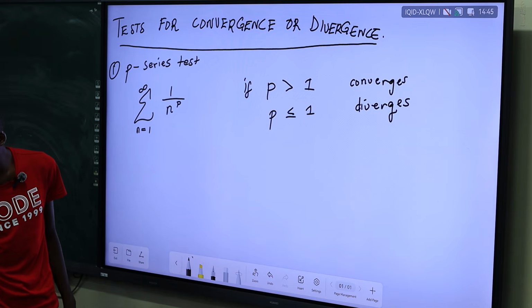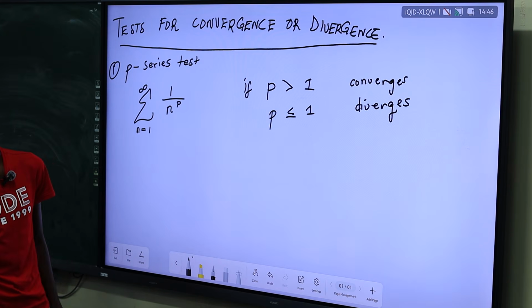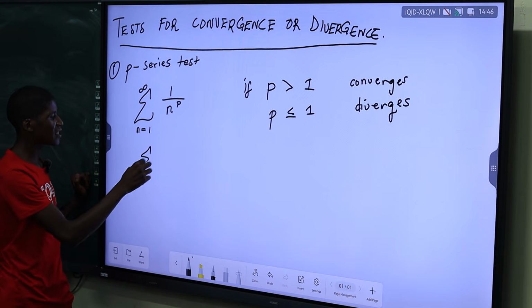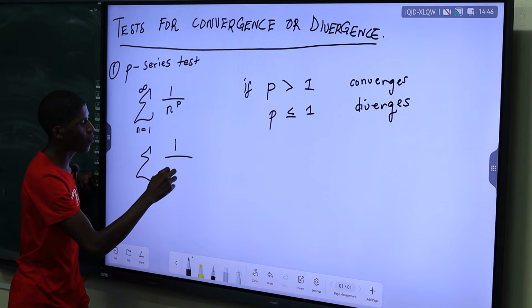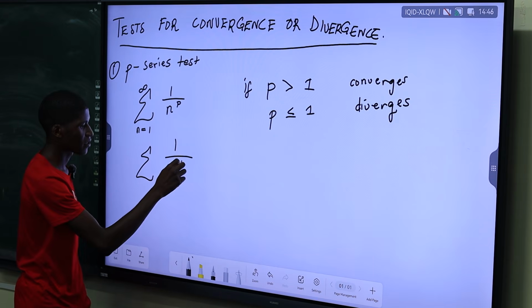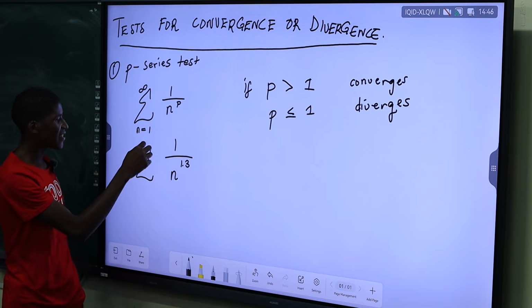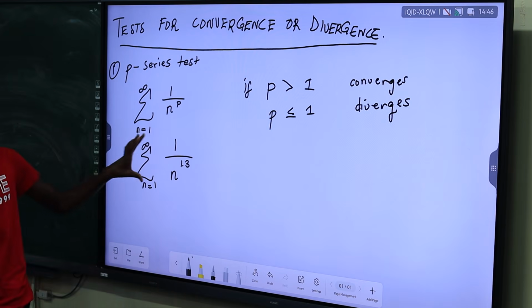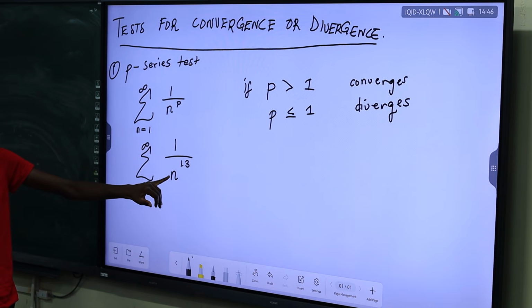Okay, let me try to find examples, but the p series is as simple as it says. If we have the series given by 1 over n to the power of 1.3, and they say this is the infinite series from n equals 1, we can all see that this is a p series, yes, because we have 1 over n raised to the power of a number.